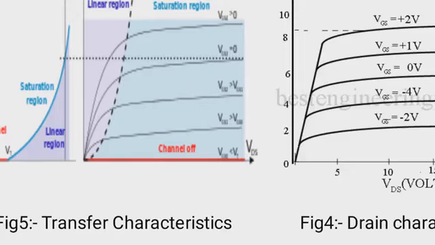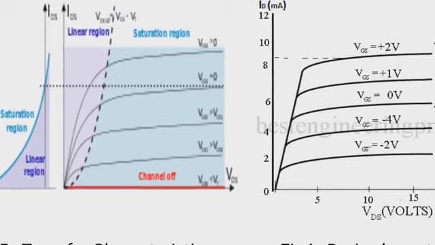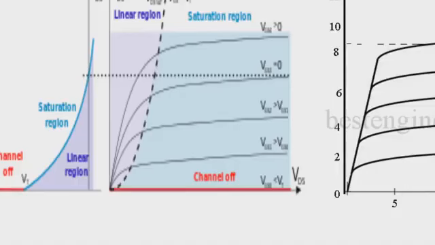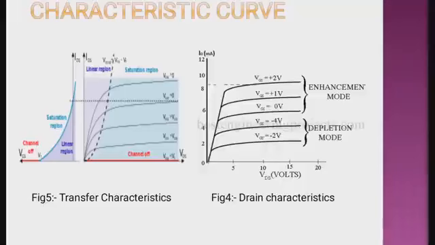Similarly, when VG is equal to 0 volt, we also get a point over here. If we connect these points, we get this region, which is called the linear region, and this characteristic curve is basically called the transfer characteristics curve of the MOSFET.